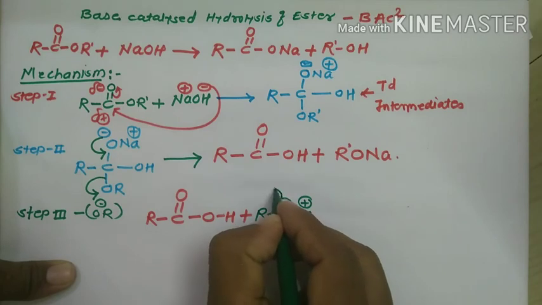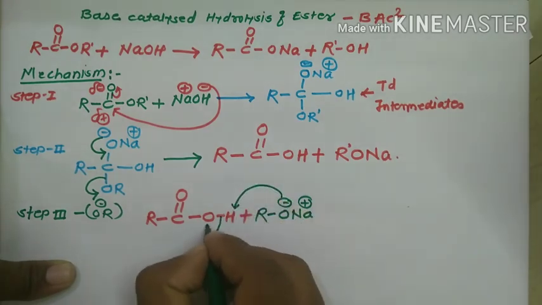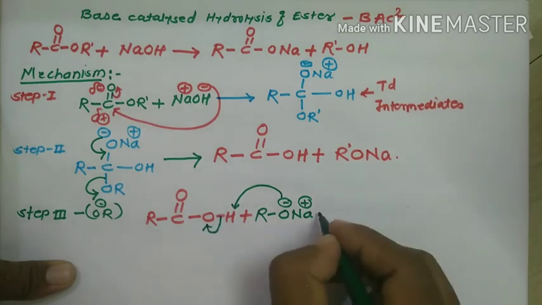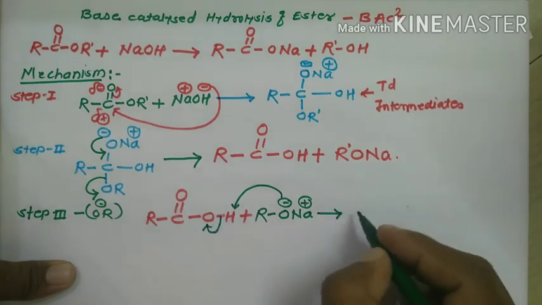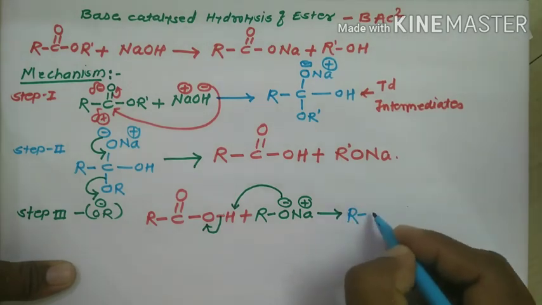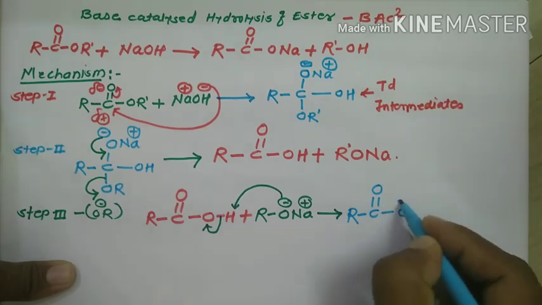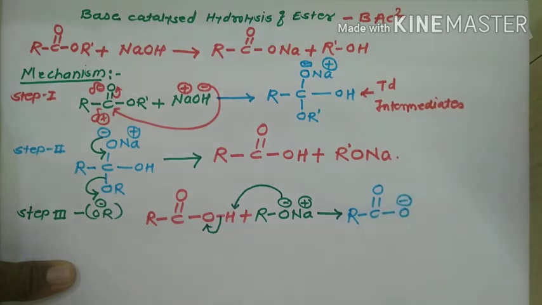This O minus ion abstracts the H plus ion, then the bonding electrons shift toward the oxygen atom to form R-C double bond O-O minus ion.